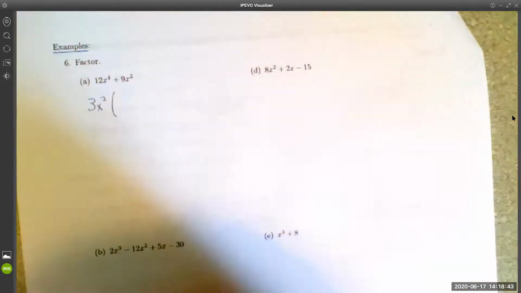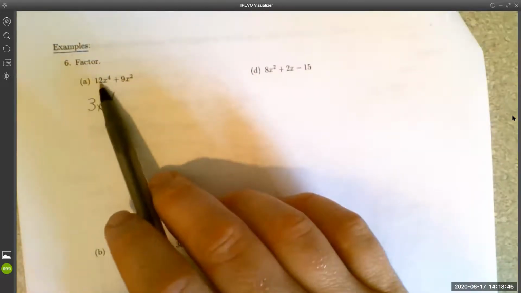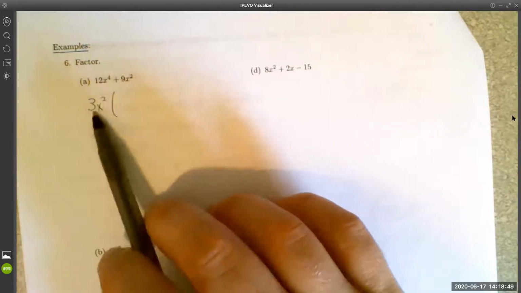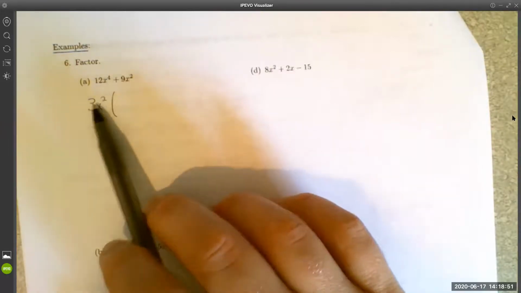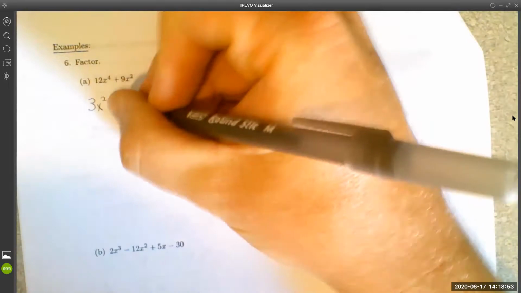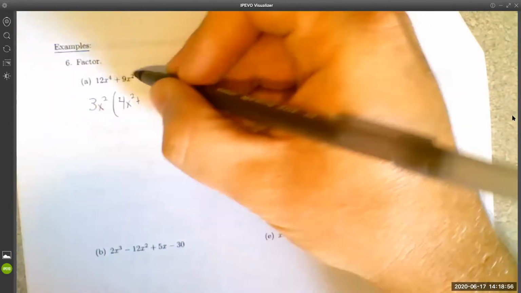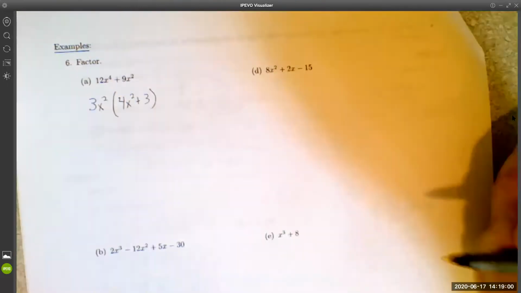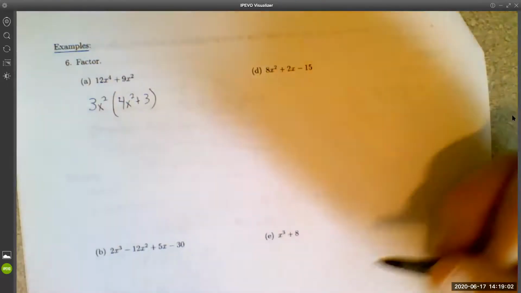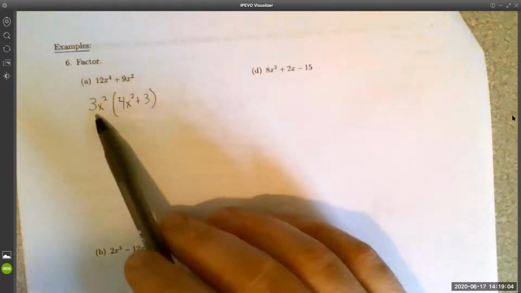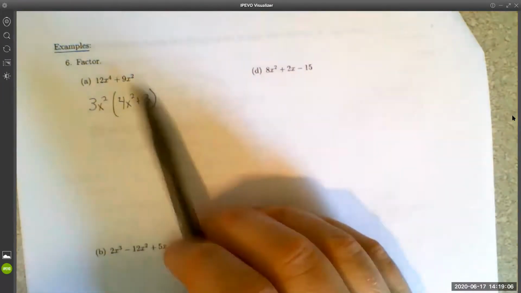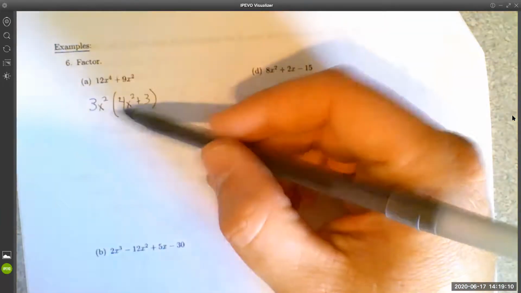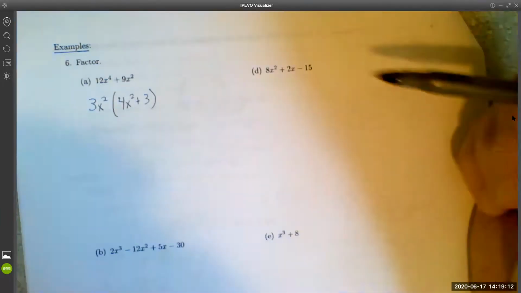To see what I have left over, I divide each of these terms by what I factored out. 12x to the 4th divided by 3x squared is 4x squared, and 9x squared divided by 3x squared is 3. You can verify that you did this correctly by distributing this back in and making sure that you get what you started with. You should in this case: 12x to the 4th, 9x squared.